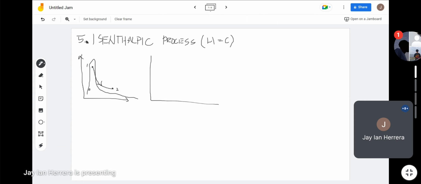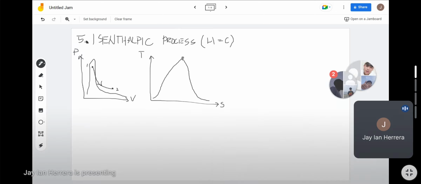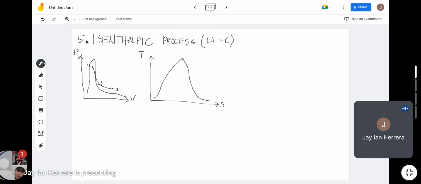For TS naman, let's say we have our normal curve here, our saturation curve. Isenthalpic, ang movement niyan sa TS is ganun lang left. So from this point, nag-move lang siya into superheated from 1 to 2.